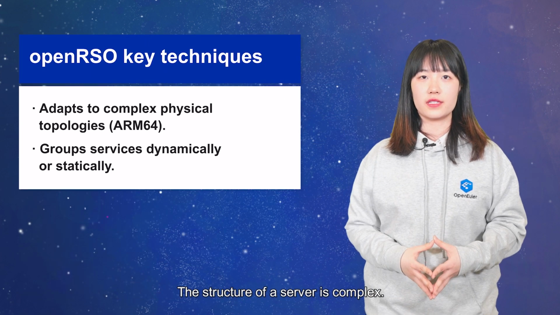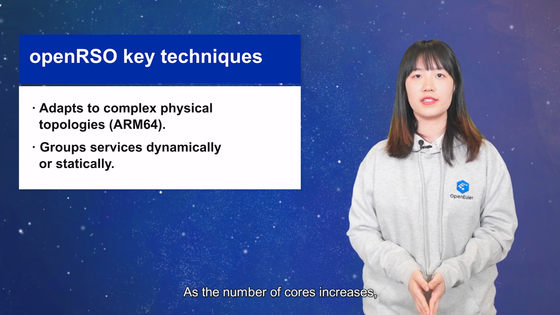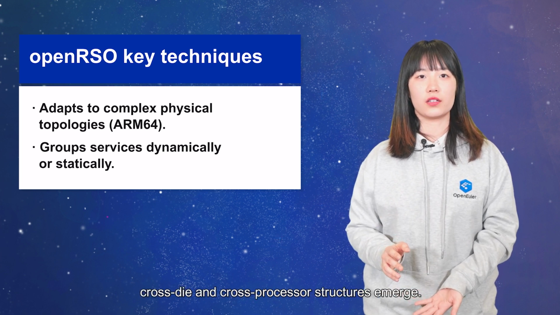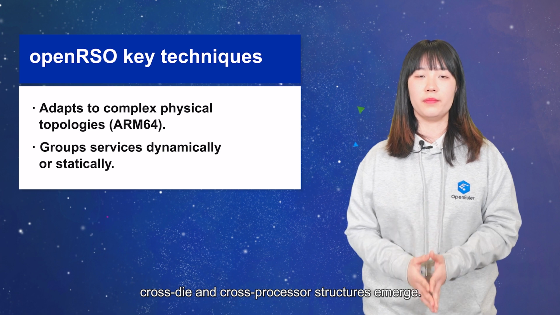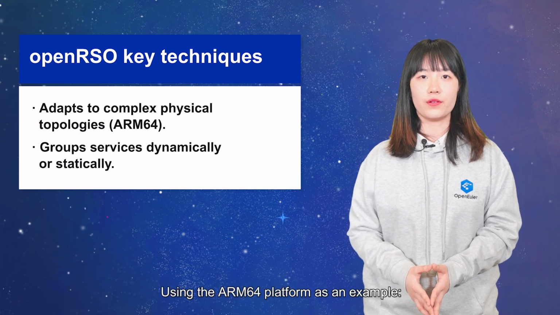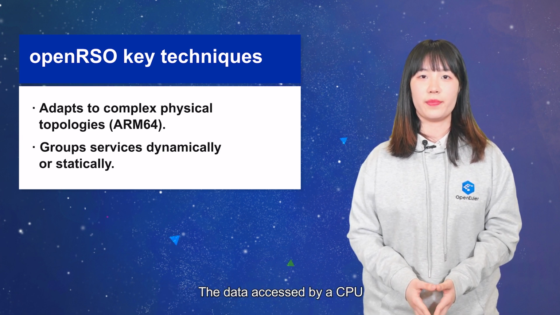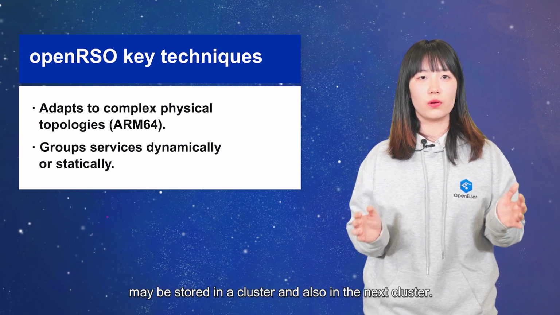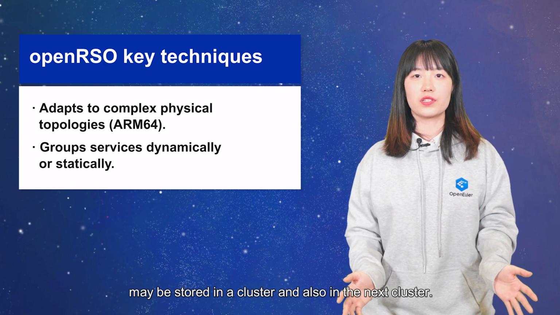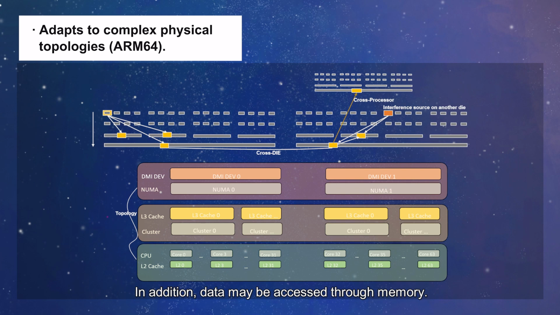The structure of a server is complex. As the number of cores increases, cross-die and cross-processor structures emerge. Using the ARM64 platform as an example, the data accessed by a CPU may be stored in a cluster and also in the next cluster. In addition, data may be accessed through memory.